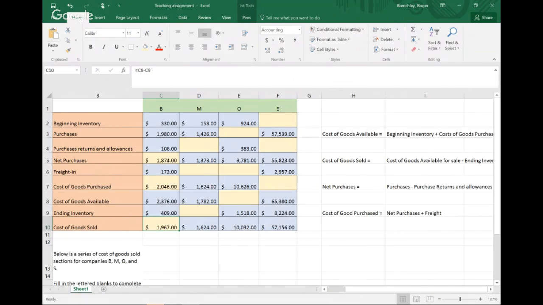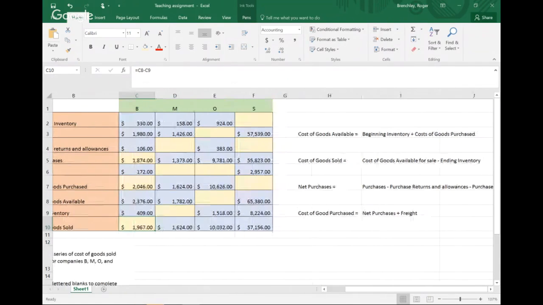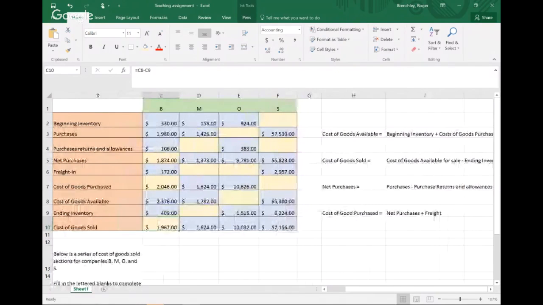So that one's pretty straightforward. The rest are not as straightforward, but they're still pretty easy if we make sure we're paying attention. We need to find the purchase returns and allowances. There's not a formula directly for that, but we have a formula for net purchases, which is our purchases minus the purchase returns and allowances.